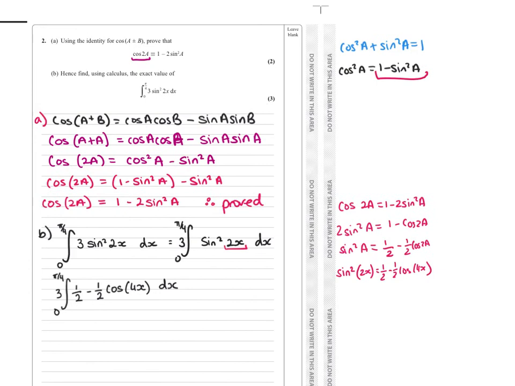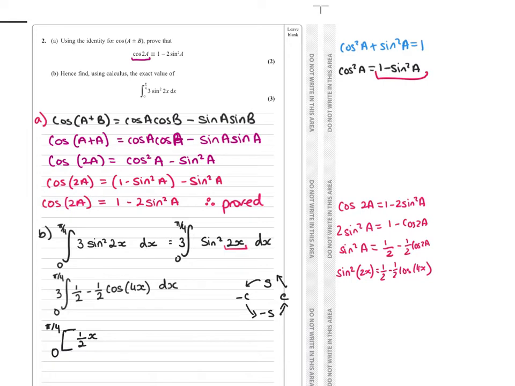So for part B, if we integrate that, if we integrate a half, we get half x, increase the power by 1, divide by the new power. If we integrate negative cos, again, let's get our special sine, cos, minus sine, minus cos. Differentiating is clockwise, integrating is anti-clockwise.